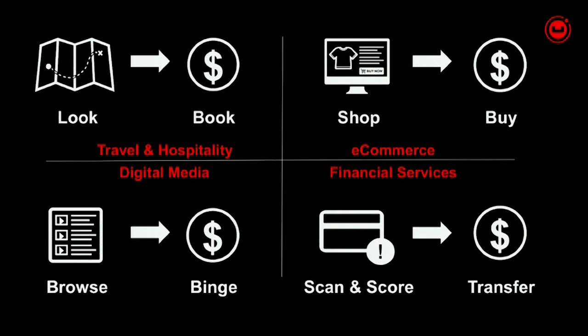If we look across a couple of different industries, once you would go to a travel agent, he or she would look up a couple of flight options, give you the best one, you would book it and you'd be done. The relatively close ratio of the looking to the booking. Same thing with shopping. You might go into a store, God forbid, or actually look online for a couple of different products and choose to buy them right there.